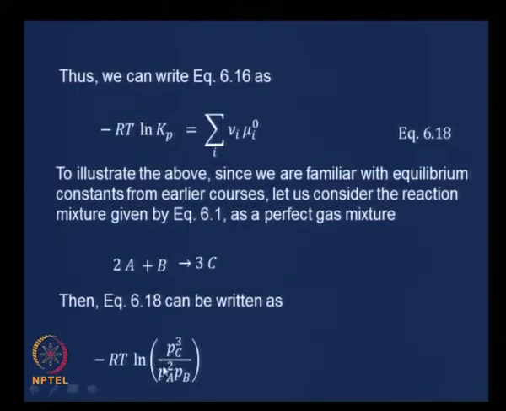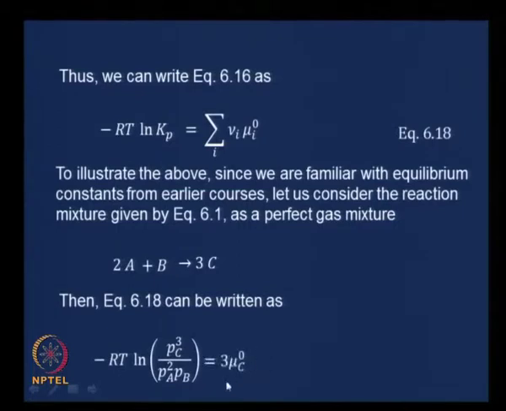The ln of the product of Pi to the power nu I. You know that nu I is positive for the products and negative for the reactants, and therefore, if you multiply that all together, it will be Pc cubed into Pa to the power of minus 2 into Pb to the power of minus 1, which can be written as Pc cubed divided by Pa squared Pb, and of course, the ln comes from here.